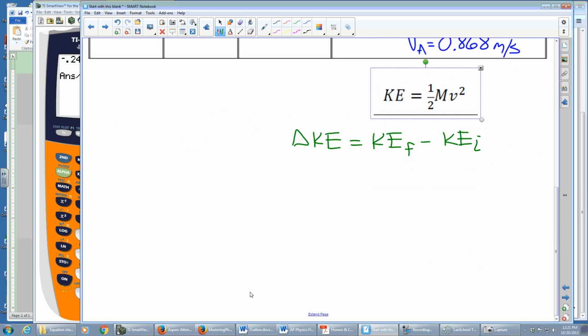At the end, we have two objects moving, so we need the kinetic energy of A after the collision plus the kinetic energy of B after the collision. We'll subtract that from all the kinetic energy of the system before the collision, and the only one that was moving was A.